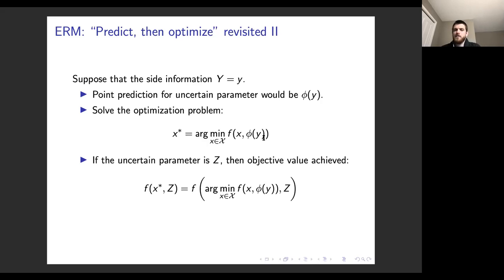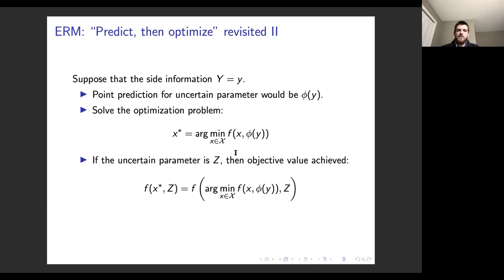Suppose that we had some observation of our side information, y. Then if we have a regression model phi, our point prediction for the uncertain parameter would be phi of y. If we were following predict then optimize, we would solve the optimization problem, take the min over our feasible region of this function with the point prediction plugged in. That'll give us some x star that is an argmin of this optimization problem.